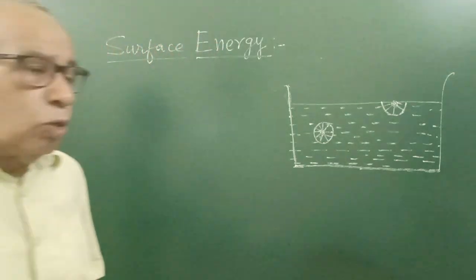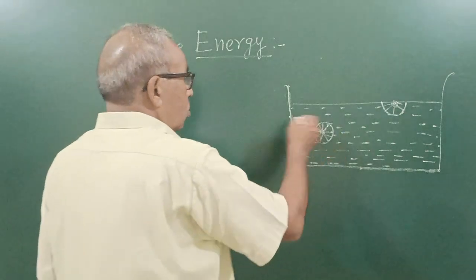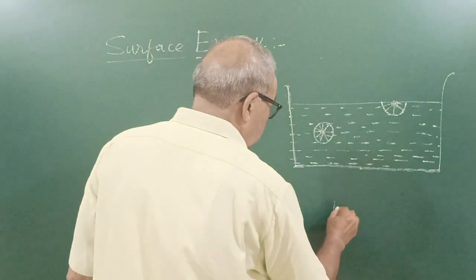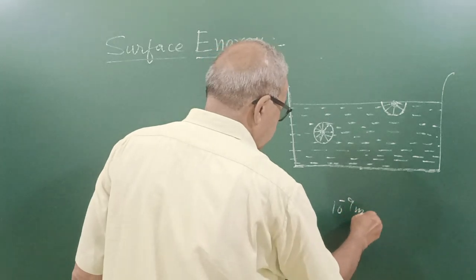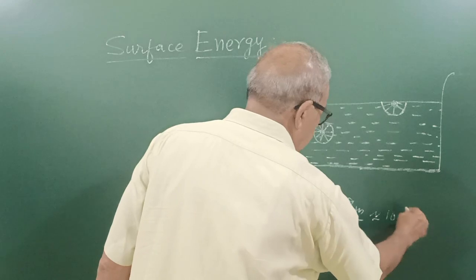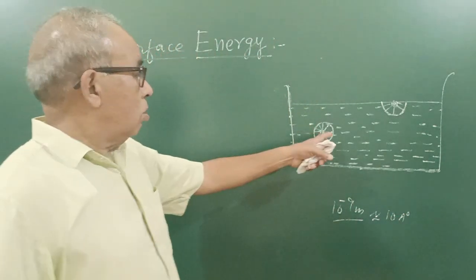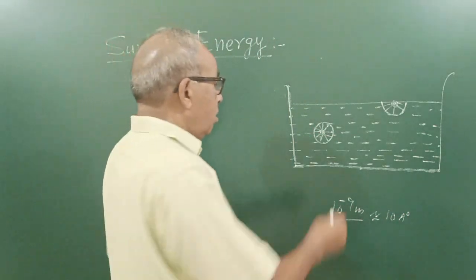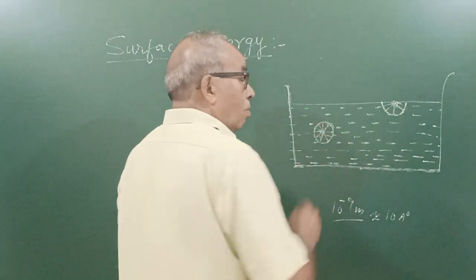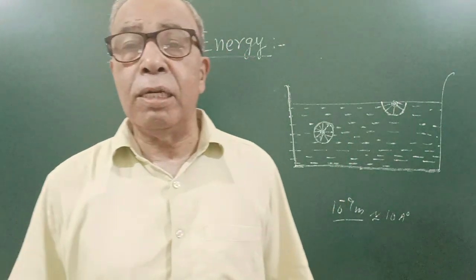So every molecule is attracted by other molecules. Now there is a range of 10 to the power minus 9 meter, nearly 10 angstrom. A molecule is attracted by all molecules present in the sphere. Force of attraction causes negative potential energy.